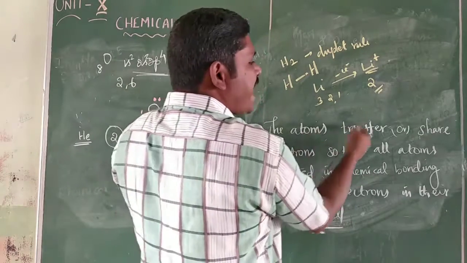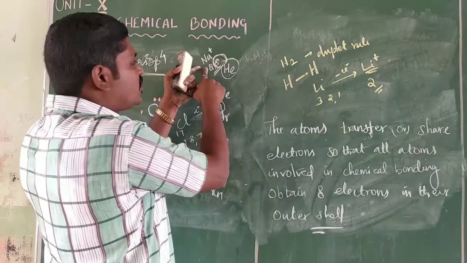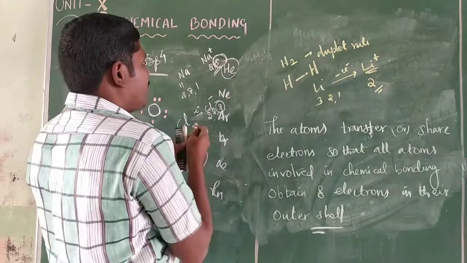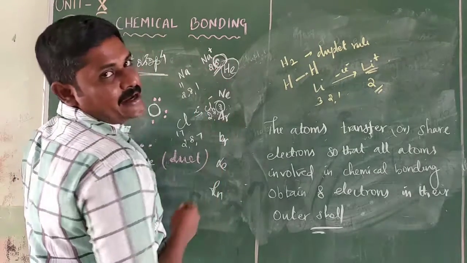Okay? The atoms transfer or share. Right? The sodium Na plus lost an electron. Transfer of electron, so one electron is transferred to the chlorine atom.